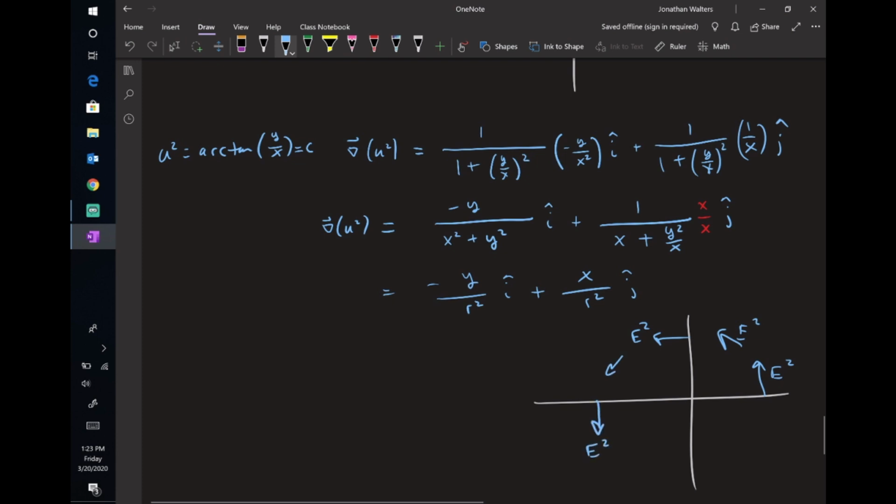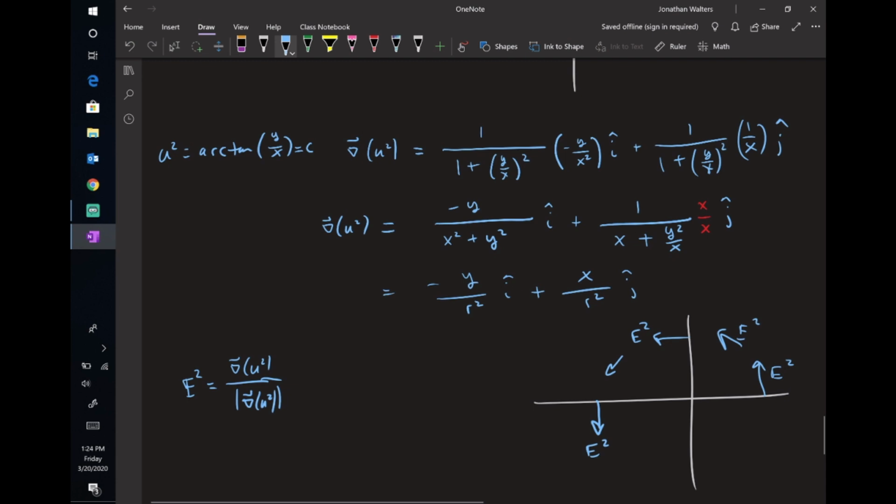Let's see, the magnitude here, I don't think it's the same, so capital E2 is going to be the gradient of U2 over the magnitude of the gradient of U2.